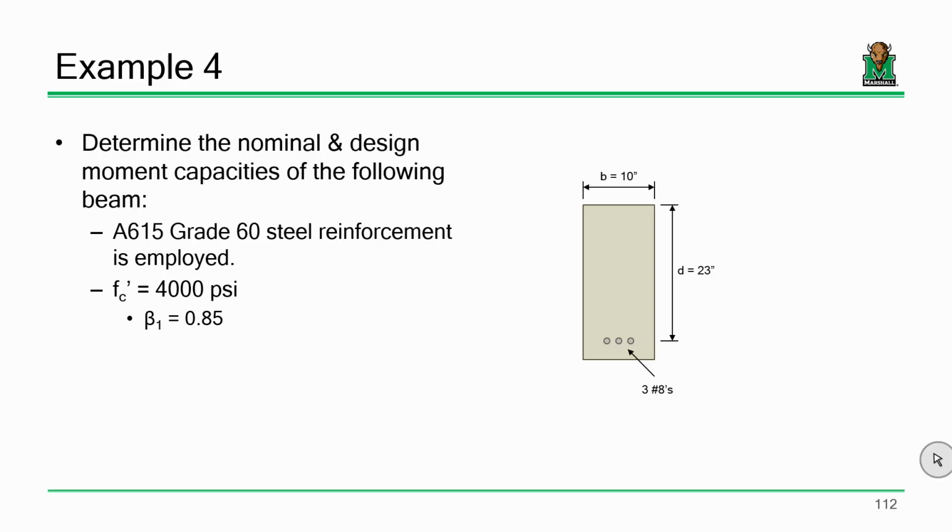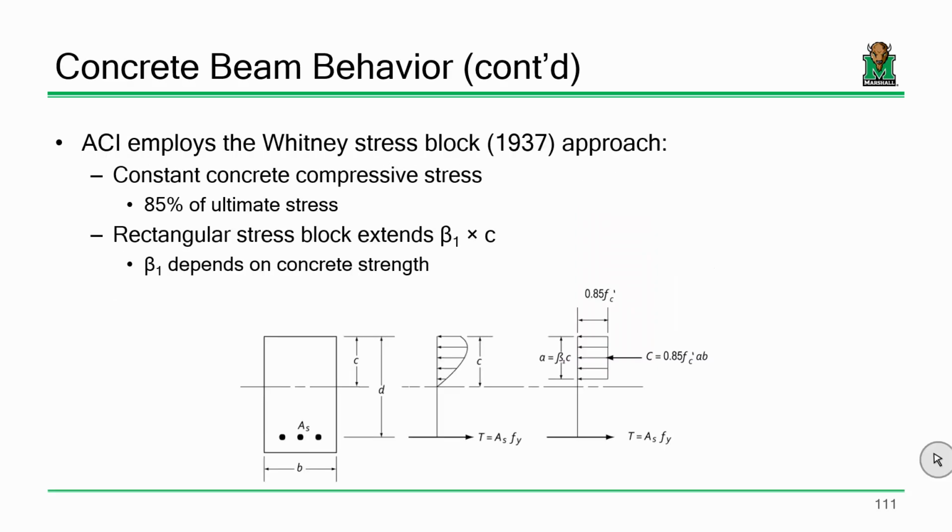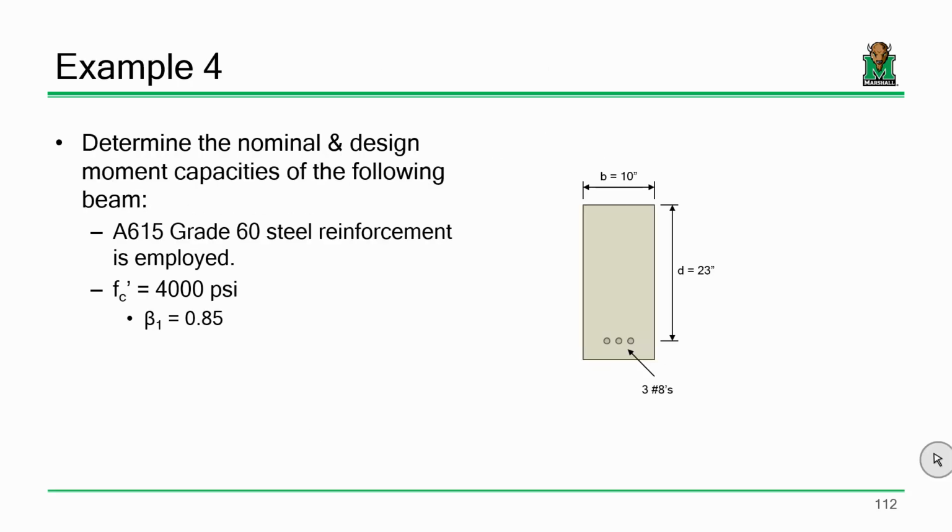The stress block model, the 0.85 f'c, the Whitney stress block. I'll call it the Whitney stress block every now and then, but it's the ACI stress assumption model, 0.85 f'c for the width of that stress block, applied uniformly over a depth a, which equals beta 1 times c. Everybody okay with that? Okay.